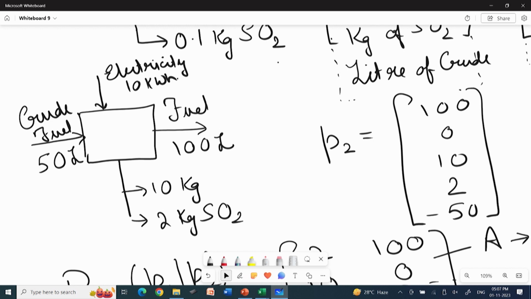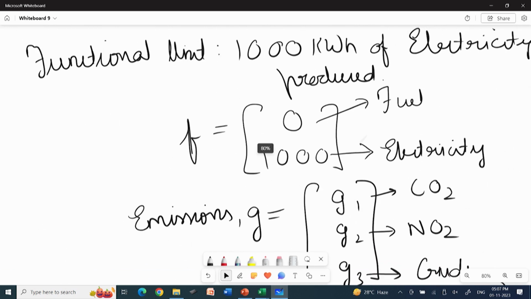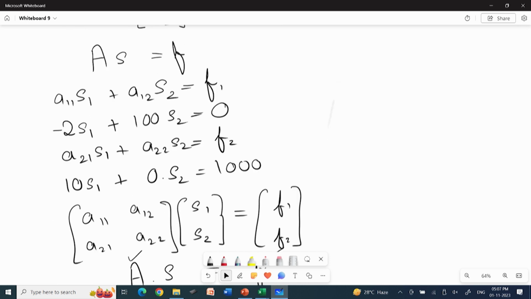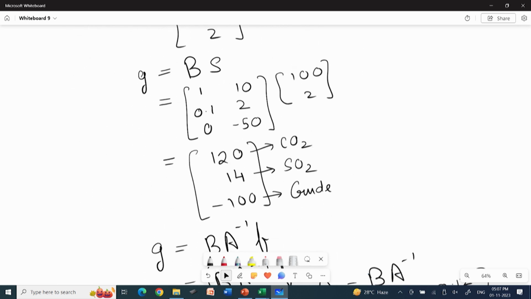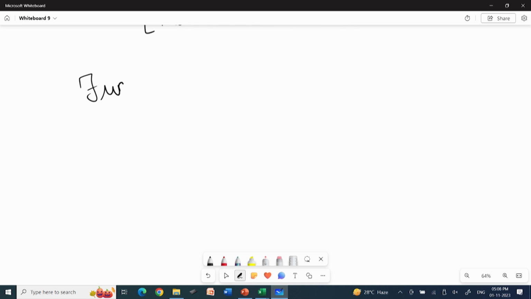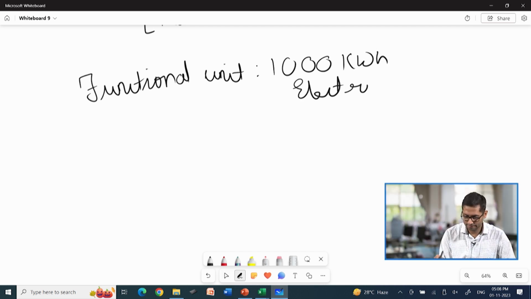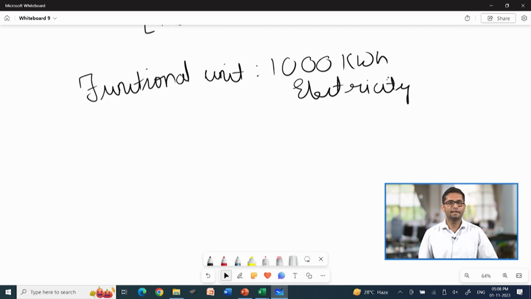So in that case you would need to update your A matrix. Again, I won't go through piecewise calculations, which you can try on your own. So the A matrix will get updated, and let's consider the original function unit of 1000 units of electricity produced. So the function unit again is 1000 kilowatt hour of electricity, but in this case the second process has been updated to also take in 10 kilowatt hour of electricity for the production of fuel from the crude.